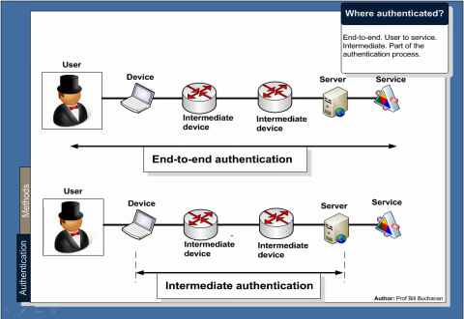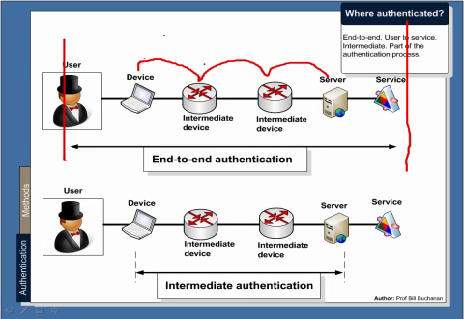Okay, so where is the authentication happening? Well, the authentication can be end-to-end authentication. In this case, the user authenticates himself to the final thing, which in this case is the service. There might not be authentication in between, but the end user is authenticating themselves with the end process. We might also have intermediate authentication where part of the chain is authenticated.